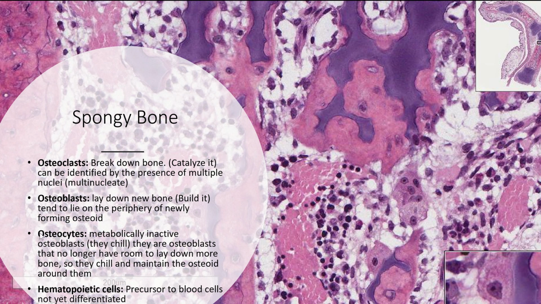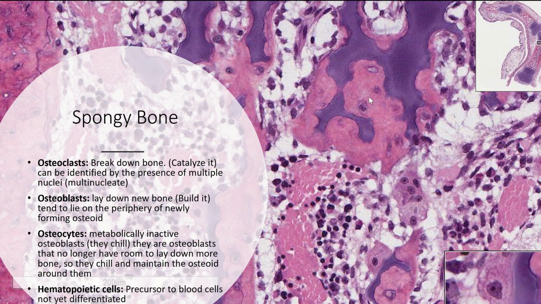The next one is going to be osteocytes. The way I think of that, it really means bone cell. That's what cytes mean. But the way I think of it is they chill. So osteocytes chill. Okay, and basically what that means is it's a metabolically inactive osteoblast. These osteoblasts are constantly laying down new bone, and if they do such a good job at laying down new bone, they actually trap themselves in that osteoid that they're making, right?